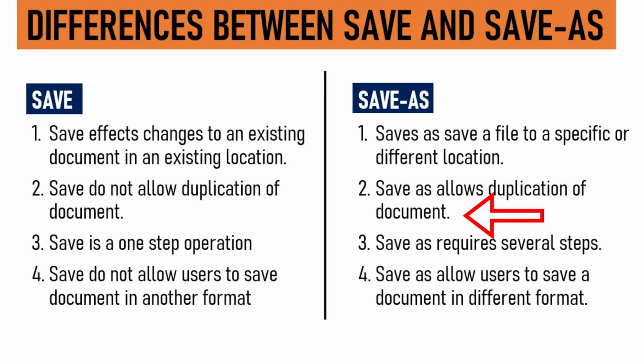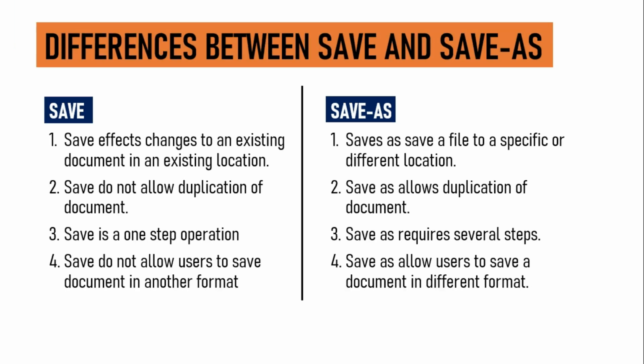And the number three says save is a one-step operation, while save as requires several steps. We have also illustrated this particular difference. And the last one says save does not allow users to save documents in another format, but when it comes to the save as, it allows users to save a document in a different format, and that is what we just currently illustrated.